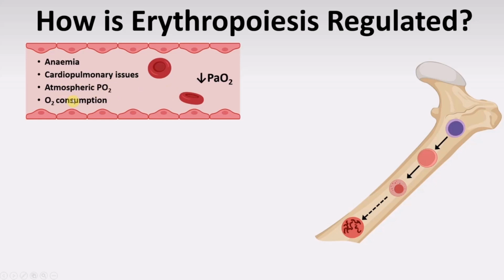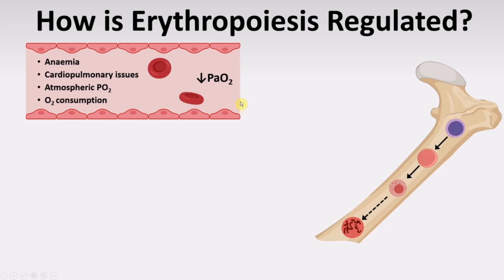In conditions where you go up to high altitude, when atmospheric partial oxygen pressure is low, that can affect PaO2, or in those who always undergo endurance training, endurance exercises, there's increased oxygen consumption, that may reduce oxygen availability in the blood as well. All these are stimuli that may trigger increased erythropoiesis.